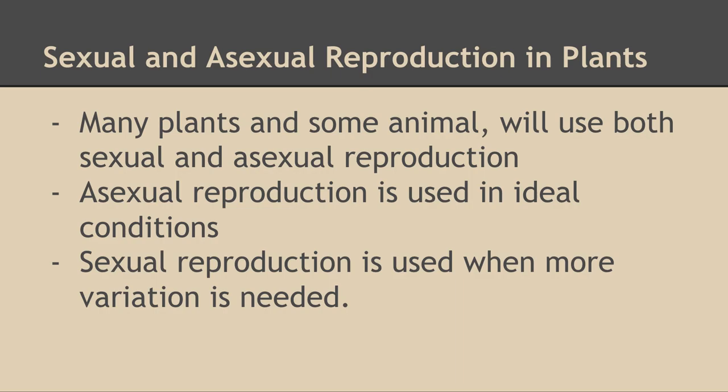And some species of plants will actually use both at the same time in order to maximize their chances. But in general, asexual reproduction gets used when conditions are good for life, and sexual reproduction gets used when more variation is needed to create more biodiversity.